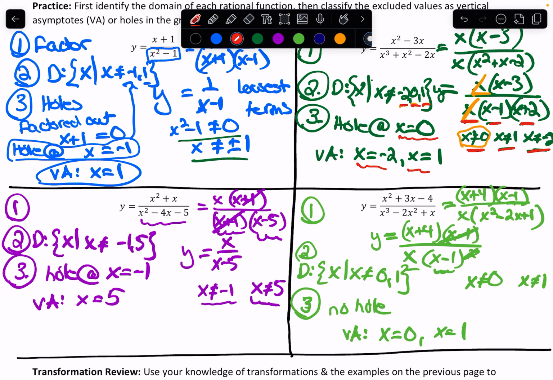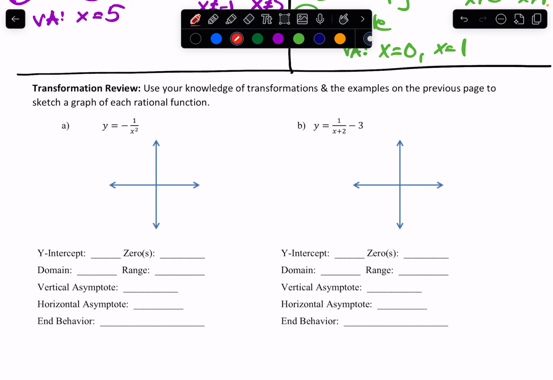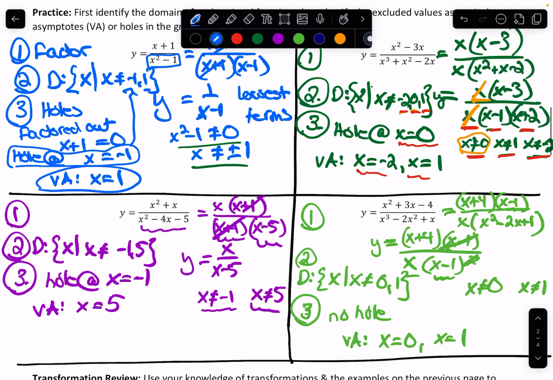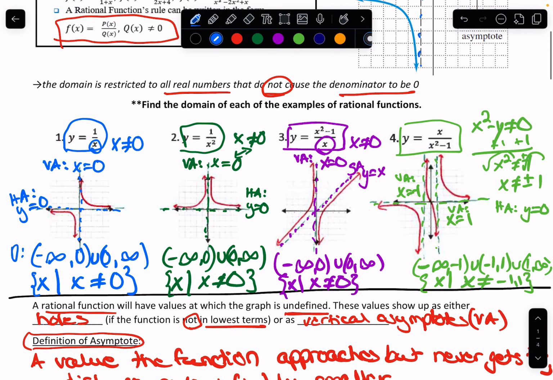All right, let's go ahead now and review transformations. So use your knowledge of transformations and the examples on the previous page to sketch a graph of each rational function. So for this one right here, we have the parent function is this one right here.